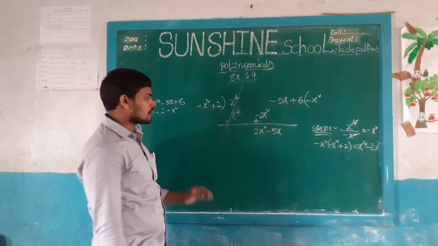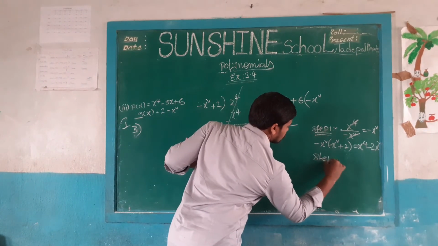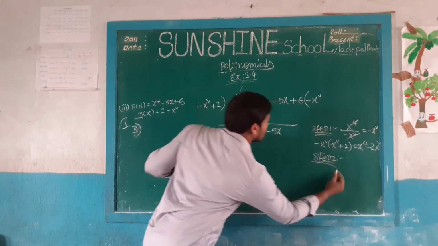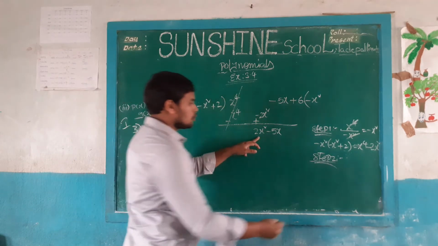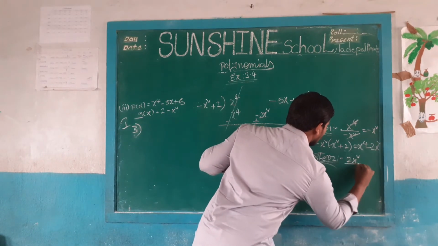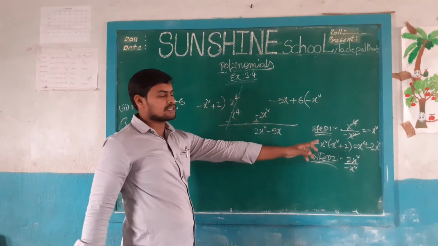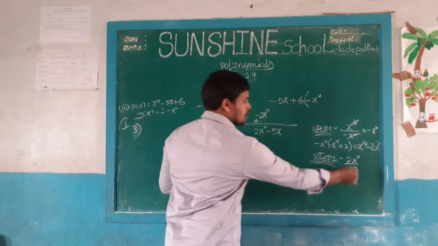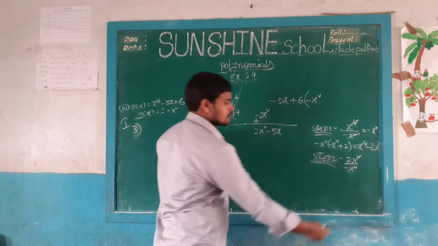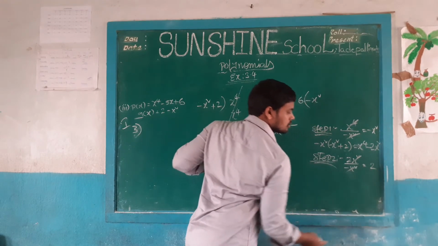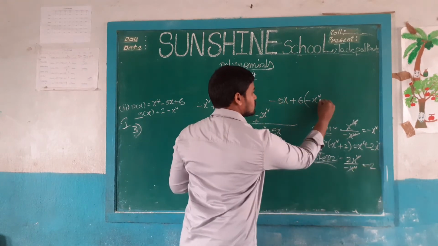Next, move on to step 2. Here, what is the first term? 2x square. And what is the value here? Minus x square. Okay? 2x square divided by minus x square. x square cancels, so that value is 2. Right now, the minus 2.